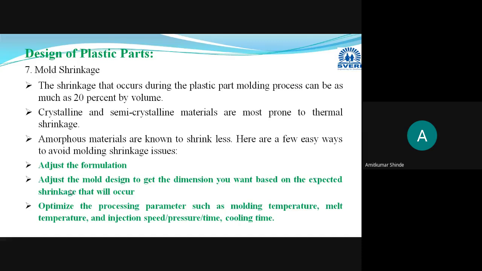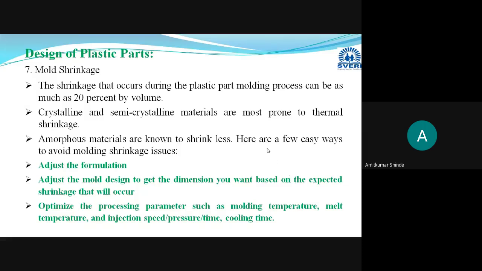As far as possible, you have to take the composition or material that provides lesser shrinkage. Then you have to adjust the mold design. Mold design dimensions are adjusted based on the expected shrinkage. Depending on the expected shrinkage only, that mold is designed.